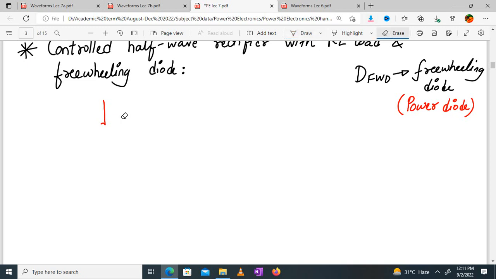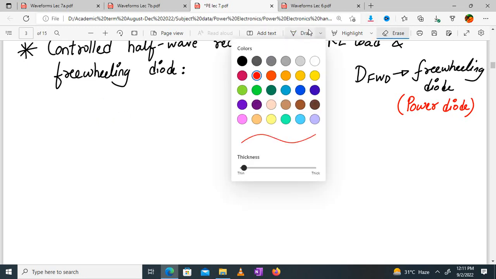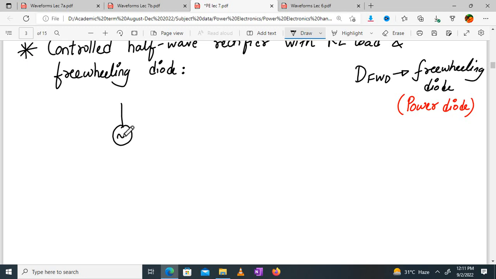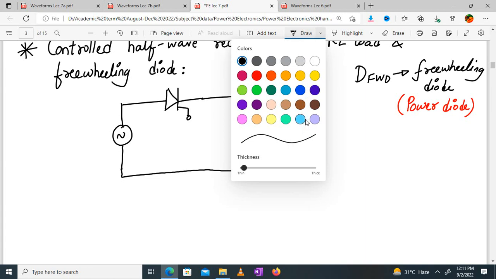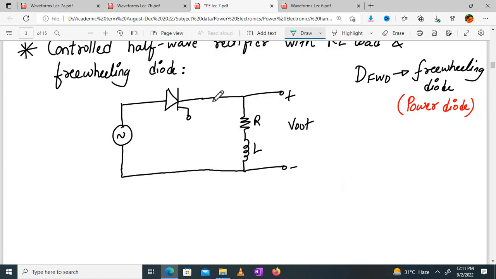Oh, I should use black. This is R, this is L. Is the color visible? No? Let me use the orange color.